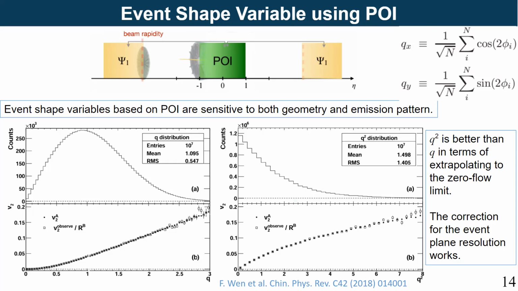If we plot V2 against Q square, it also goes to 0, but it's more like a linear projection. And technically, this is better. It's a better lever arm. But in this one, it's more flat, not as effective as Q square.